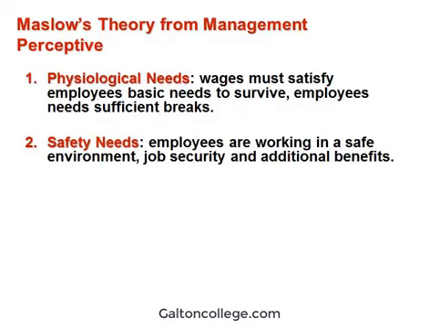Safety needs. Well, employees need to work in a safe environment. They need to have job security and perhaps some additional benefits, perhaps healthcare benefits or insurance, or knowledge that if they're ill or away from the workplace they will still receive some remuneration.